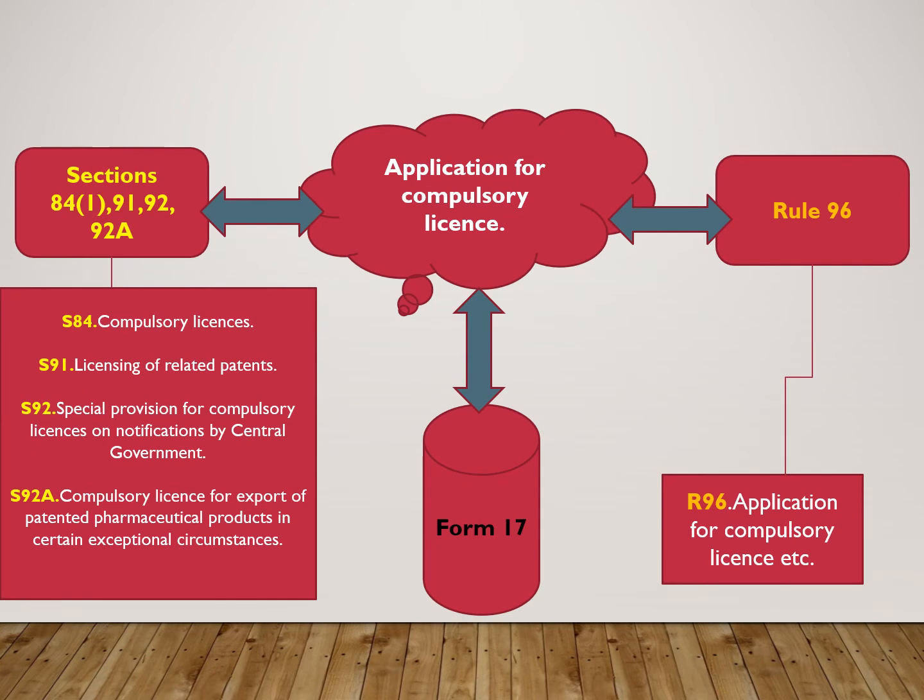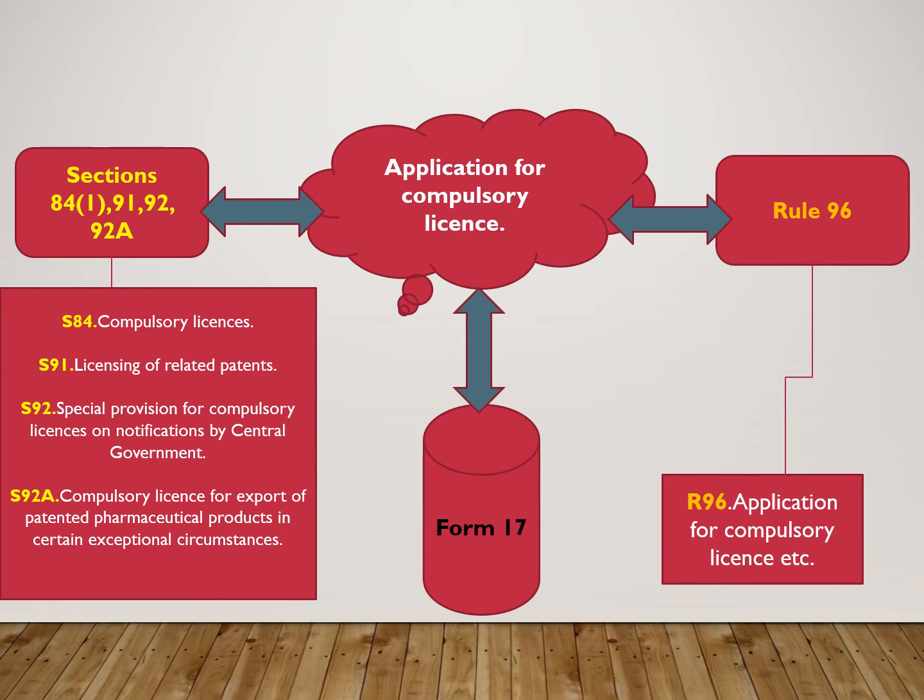Then form number 17. The title is Application for Compulsory License. Here the related sections are 84, 91, 92, 92A. And the related rule is only one, that is rule number 96. So, we will discuss briefly about all the sections. Section 84 is compulsory licenses.